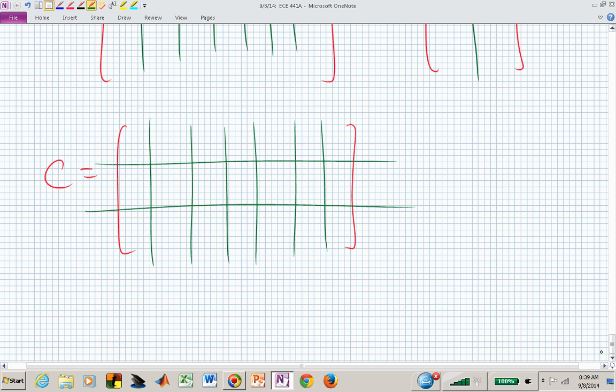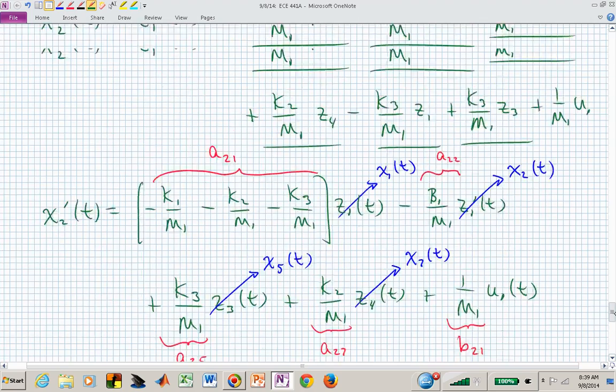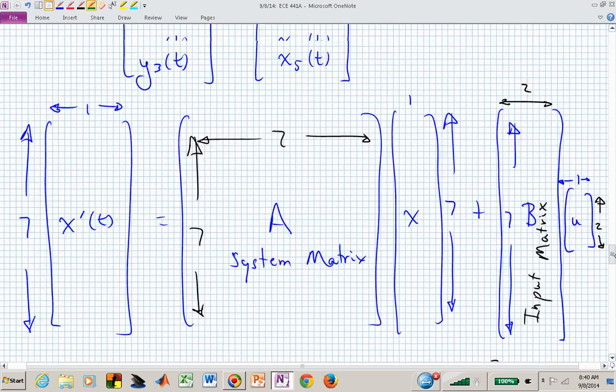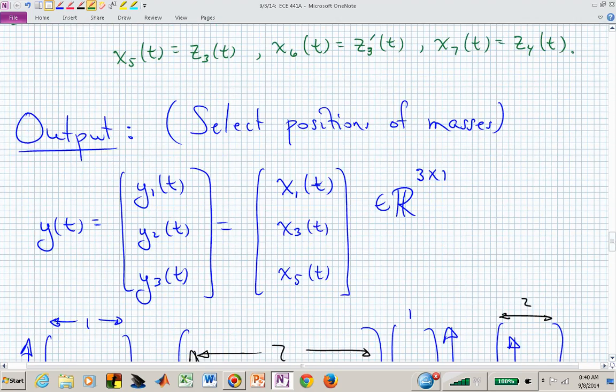What are the entries in the C matrix? Did everybody get too warm and fuzzy on my earlier stuff, and so you've fallen asleep? I don't hear any response. What's in the top row of C? The first output, somewhere back here, we said Y1 was X sub 1.